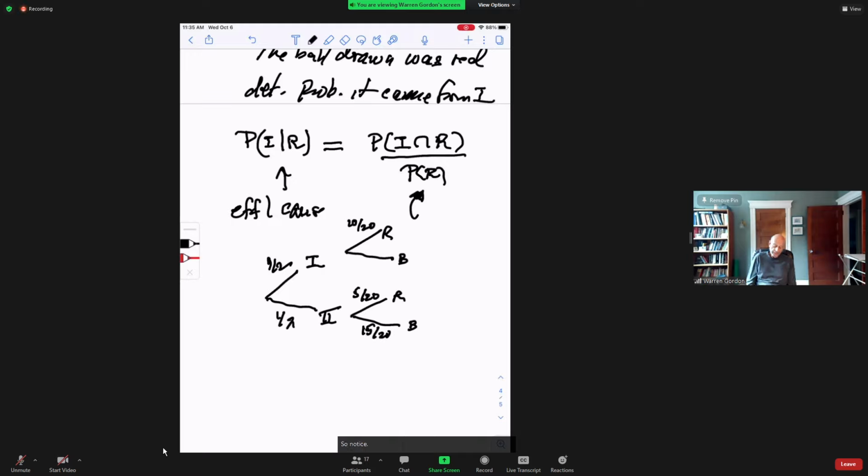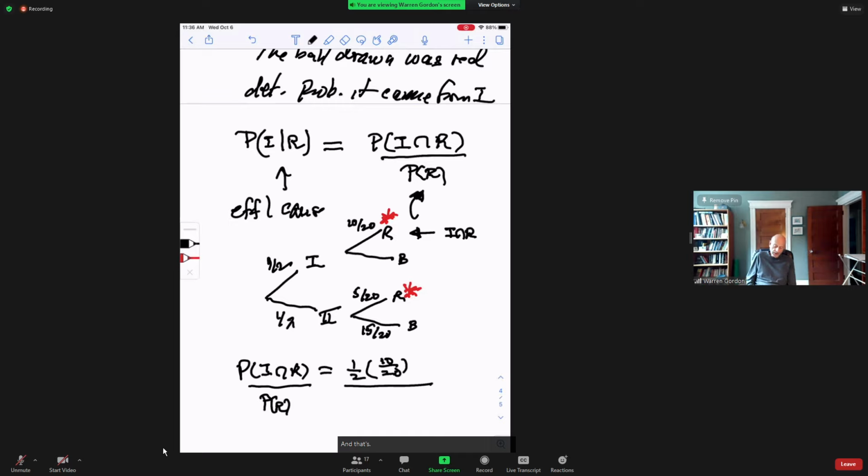So notice the probability that it comes from urn one and is red is just the event right here. This is I and R. By the multiplication principle, that's just 1/2 times 10 out of 20. The probability that it's red, notice it can be read two ways. It could be read this way, or it could be read this way, each part of the tree.